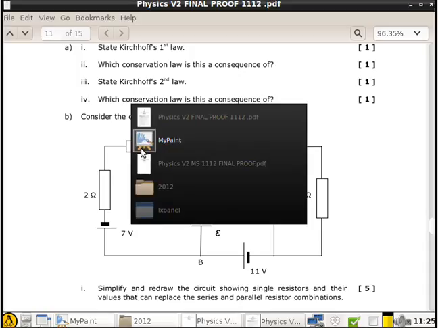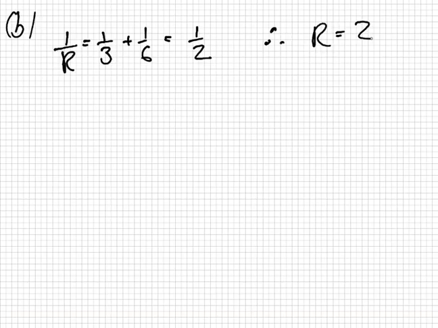So let's just add them together. So the first one, 1 over R equals 1 over 3 plus 1 over 6. So that is a half. Isn't it? No, it's not. Yes. It is a half, yeah. So therefore, R equals 2. And then the other one, you get R equals 2 plus 2. So therefore, for the other one, R equals 4.